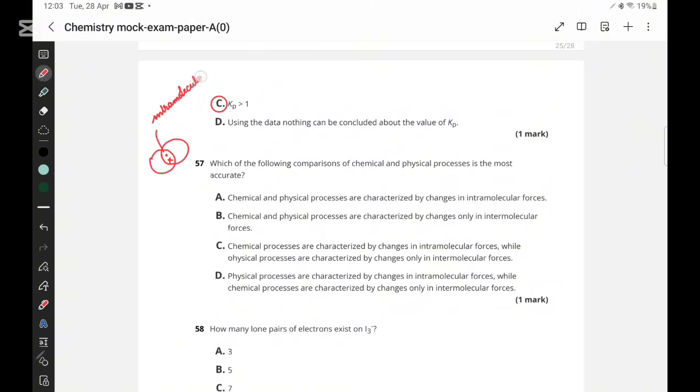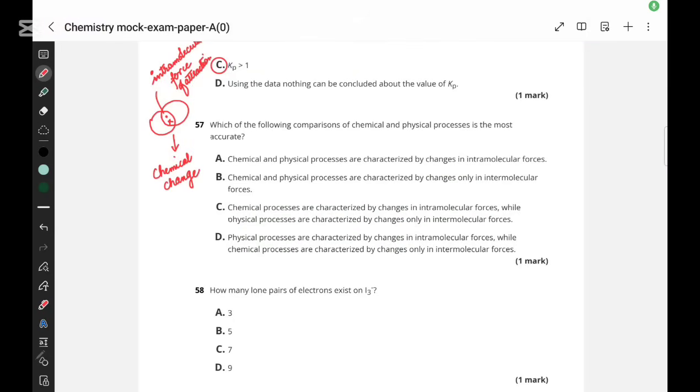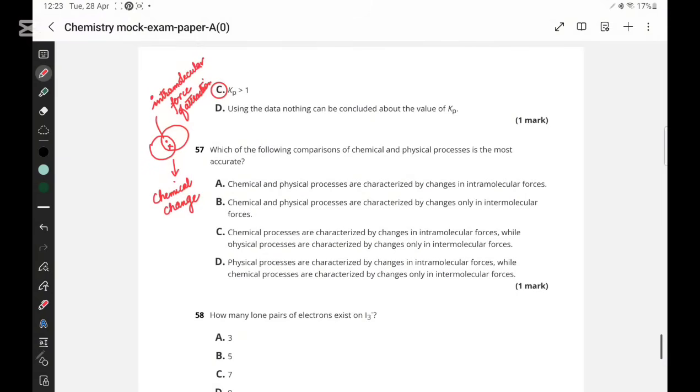So when atoms form bonds, a chemical change occurs and intramolecular force of attraction develops.